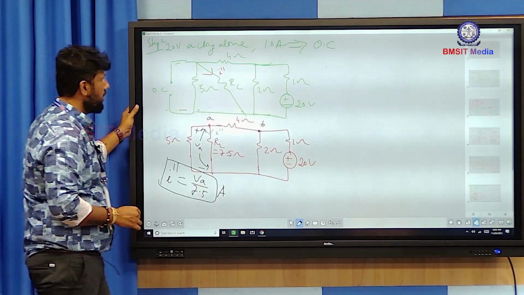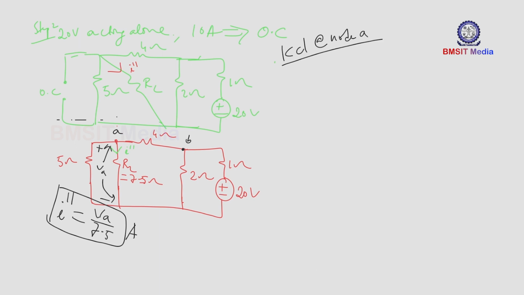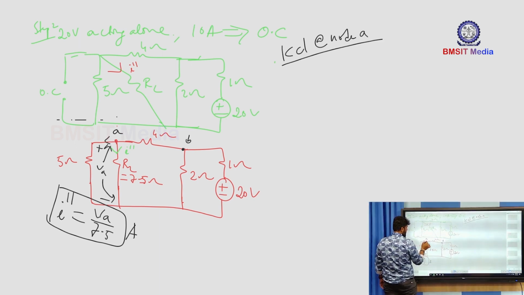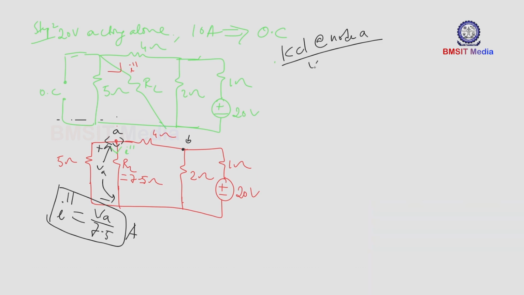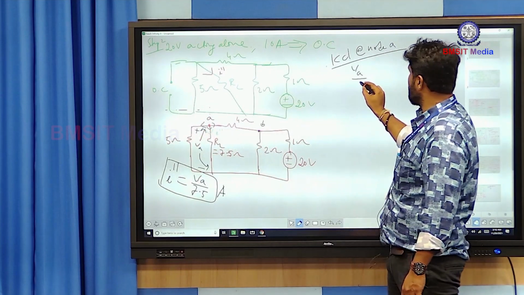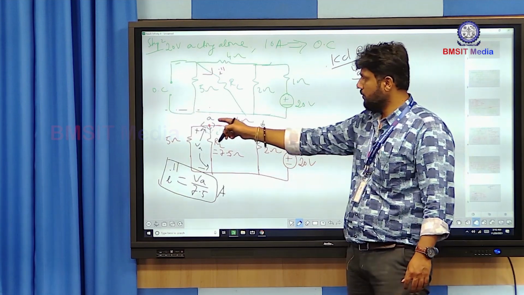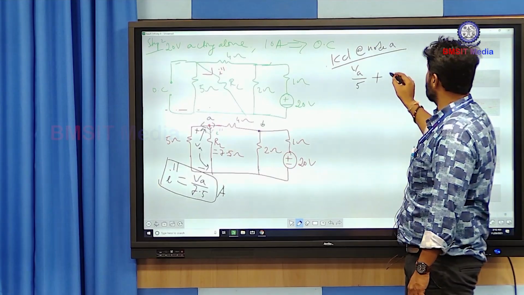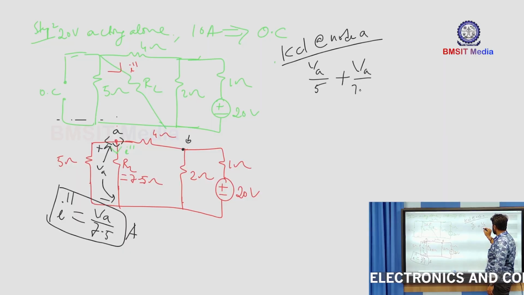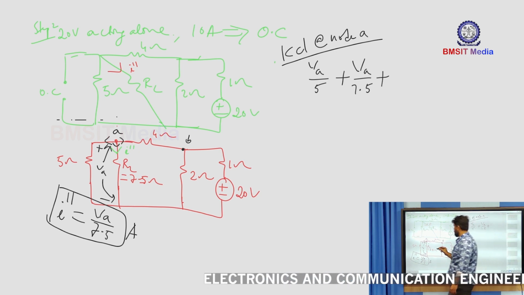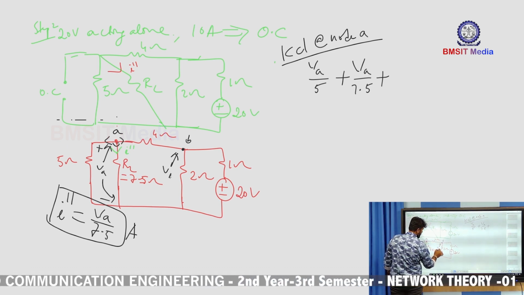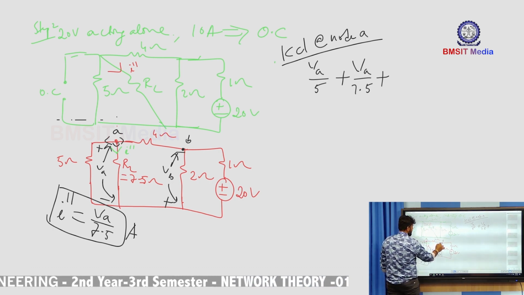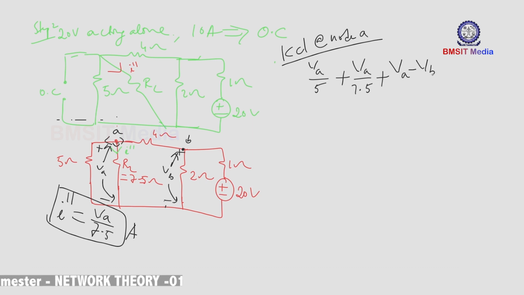Now apply KCL at node A. Considering all leaving currents, the first term is VA divided by 5, the current through the 5 ohm resistor, plus the current through the load resistance RL, VA divided by 7.5, plus the current through the 4 ohm resistance, VA minus VB divided by 4, plus VA minus VB divided by 2, which is equal to 0.